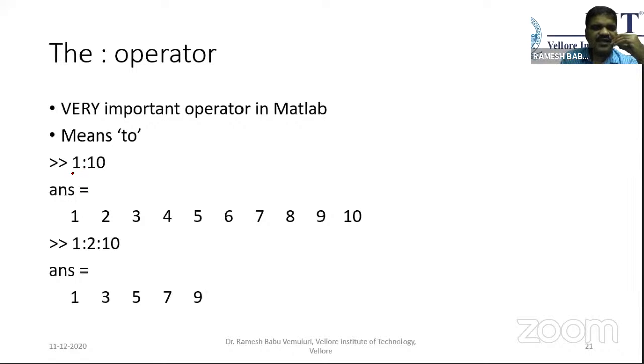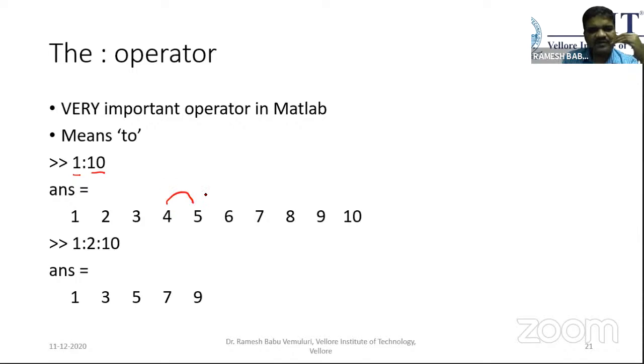That means the left one is the smaller limit and the next one is the larger limit. So how many steps will it go? It will go with only 1 step. That's why 1, next is 2, next is 3, 4. Like this way you get one step each time.